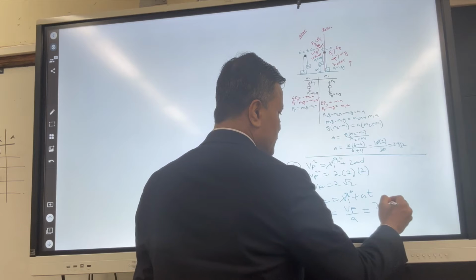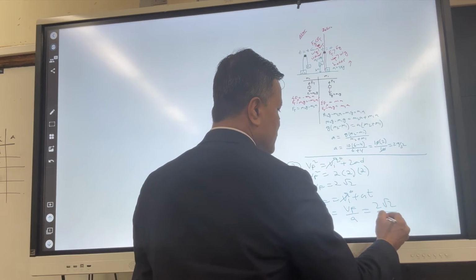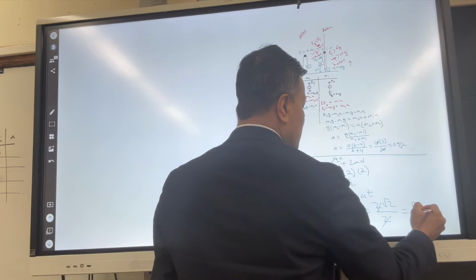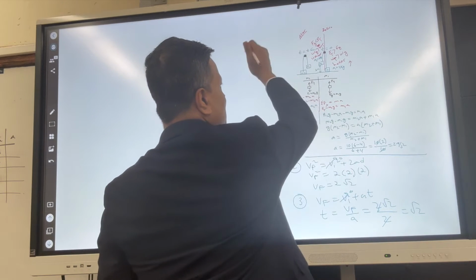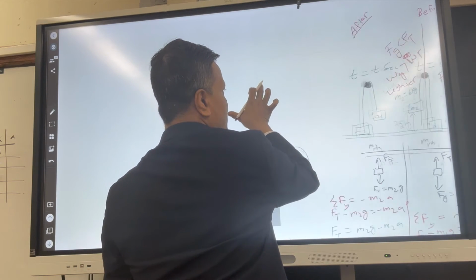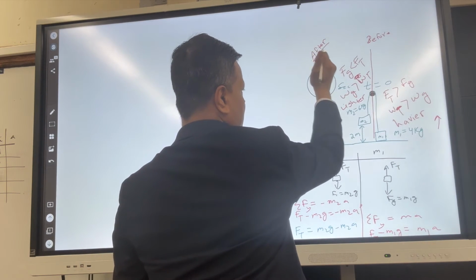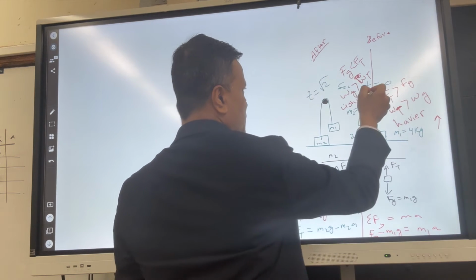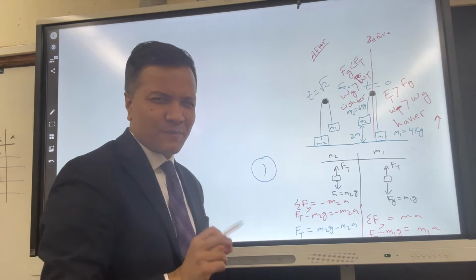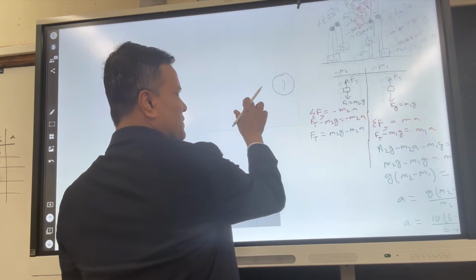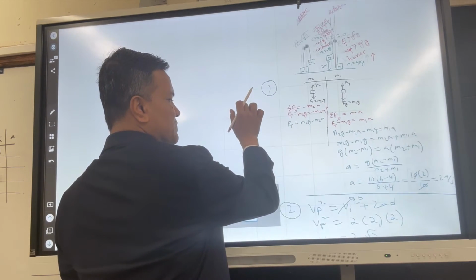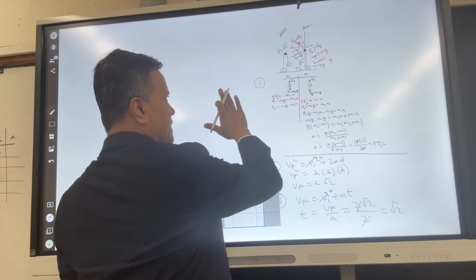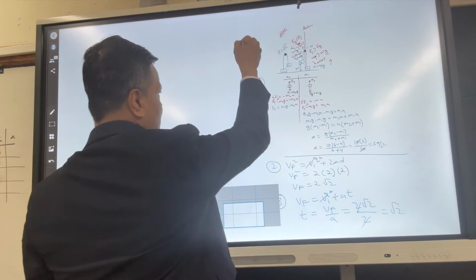Vf is 2 root 2 and acceleration is 2. So the time is root 2. So we exactly know what time it took place: root 2 seconds. And what time did this one take place? T is equal to 0. Now, we're going to do it for mass 1 and mass 2 separately to prove that the energy is conserved.